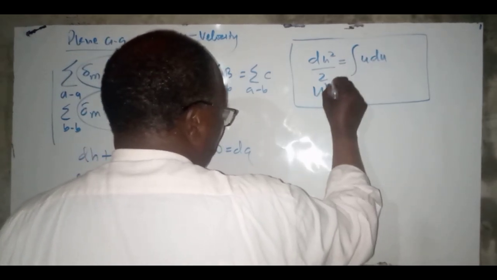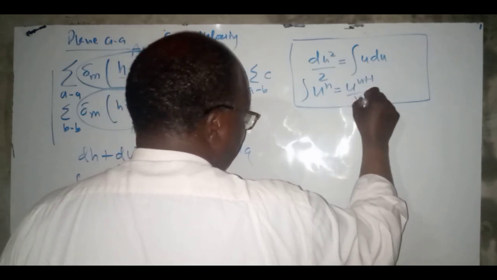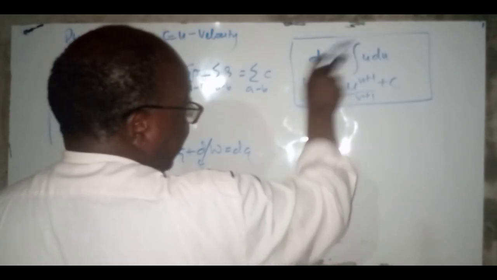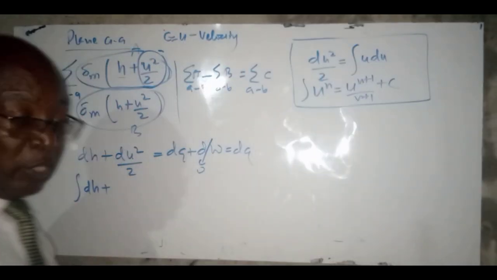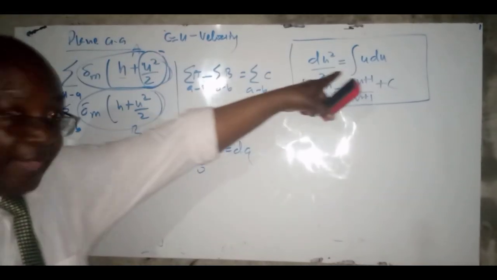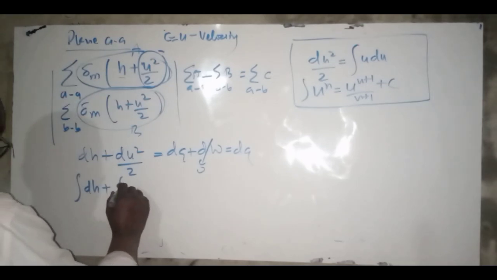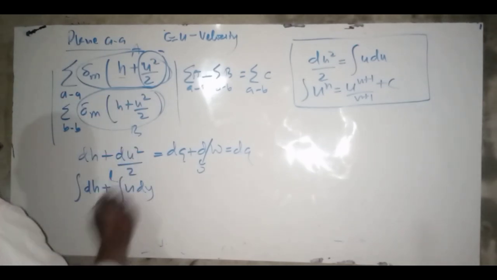Because remember, the integral of u to the n is u to the n plus 1 over n plus 1 plus c. In the same way, that's raised to power 1, so if you integrate it, it will be u squared over 2. So in place of du squared over 2, we'll put that integral. So we'll have the integral of u dy from 0 to L, remember?